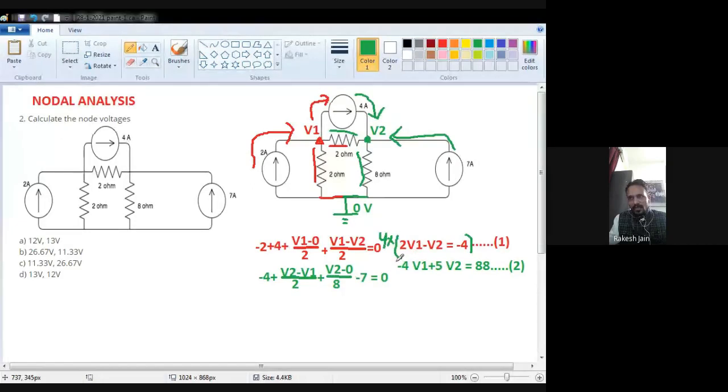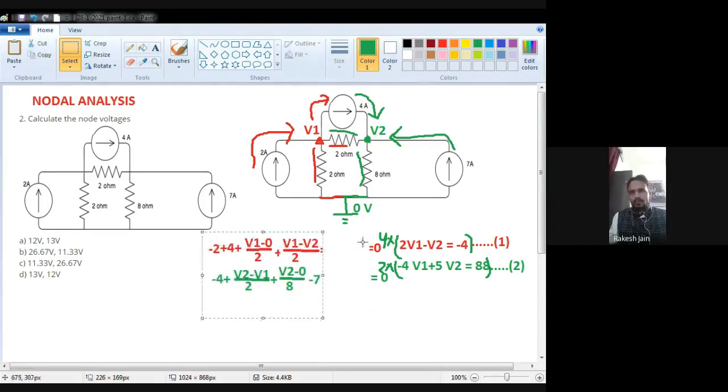Okay, so now that is very simple to solve this. Just multiply the upper equation with the constant of V1 in the second equation, that is 4. Don't focus on the plus sign or minus sign, only what is the constant. So just multiply the whole equation number 1 with 4.